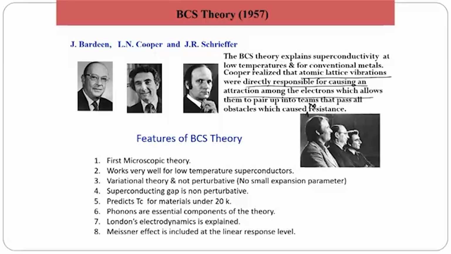And Cooper really understood that in some way the lattice vibrations play a role, and possibly the way he got this idea is from the isotope effect. If there is an opportunity, I will explain what the isotope effect is.